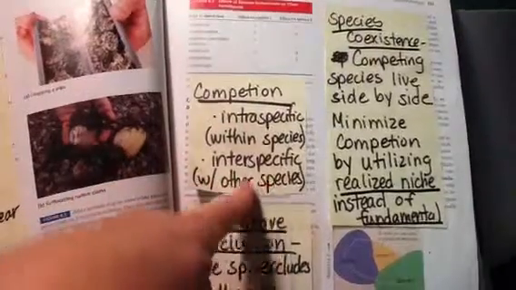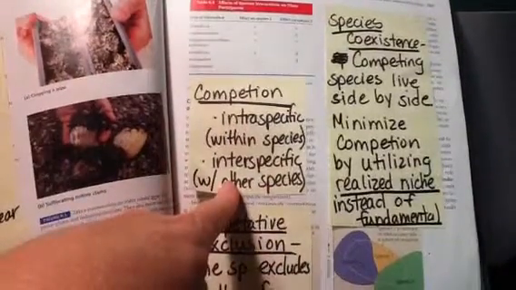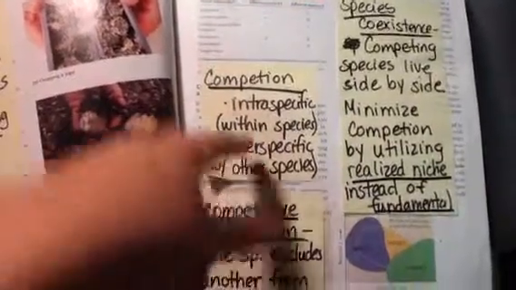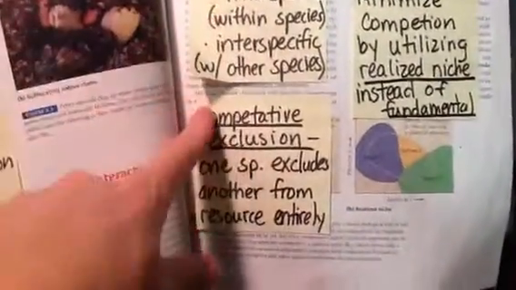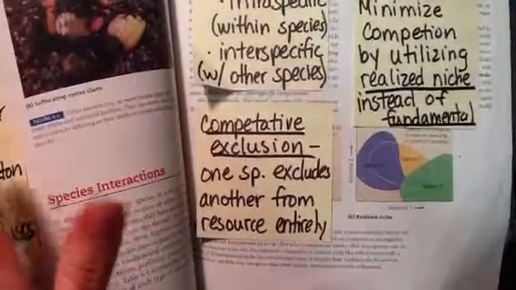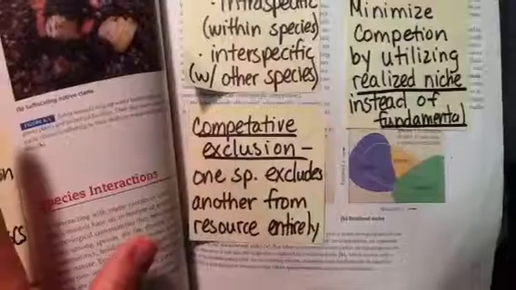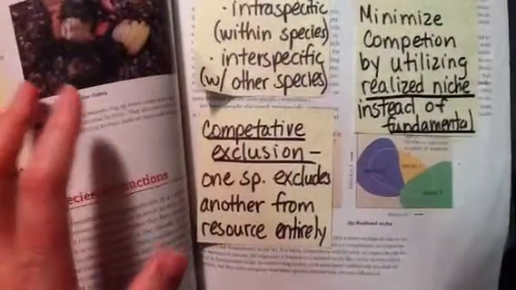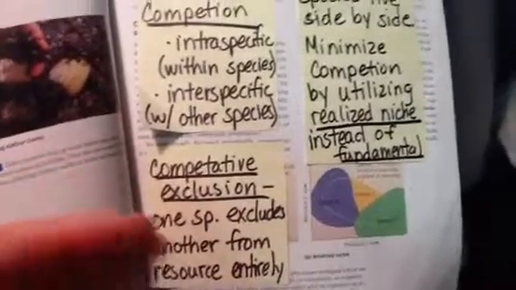If you are two different species competing for food, shelter, etc., you're interspecific. And then sometimes you have one species that completely excludes the other from the resource entirely, and that is competitive exclusion.